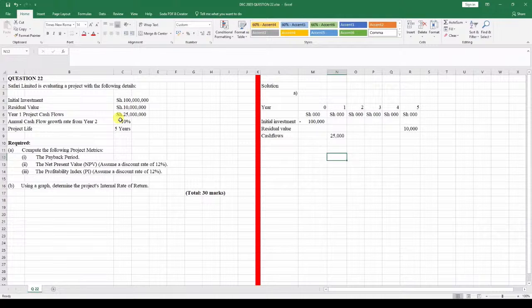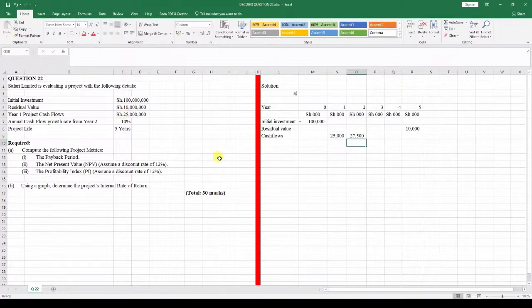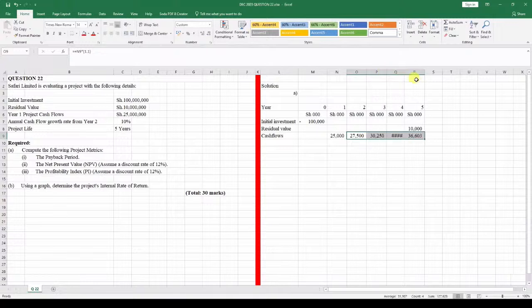So we add that value and multiply it by a factor of 1.1. We get 27,500. Then we just drag it, because this has a formula, and we make sure it auto fits within the cells.